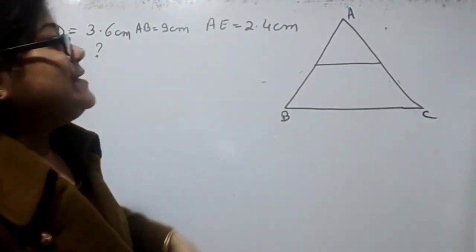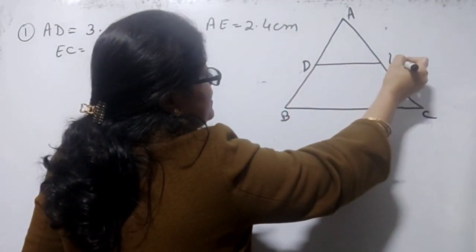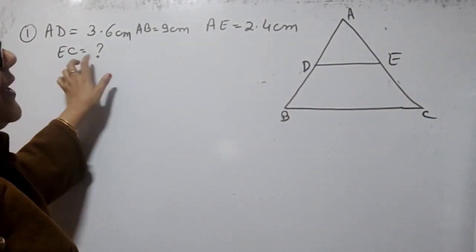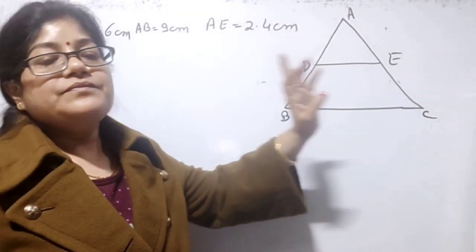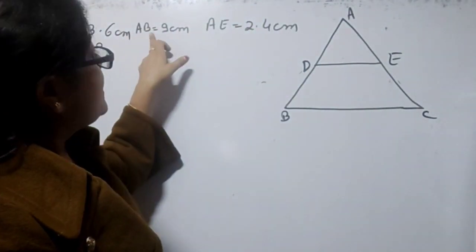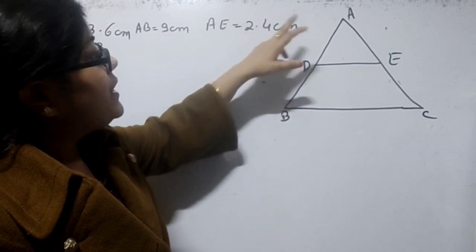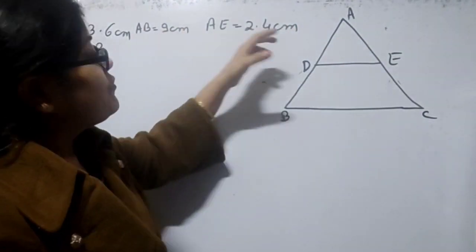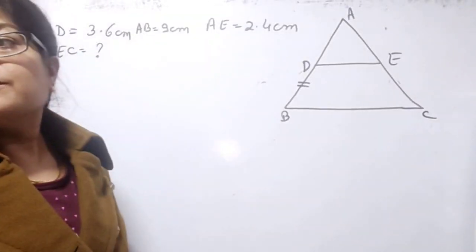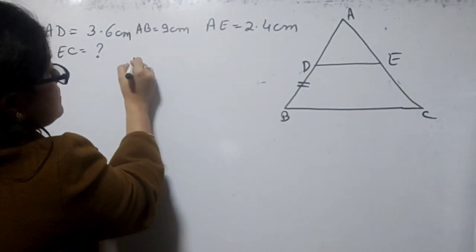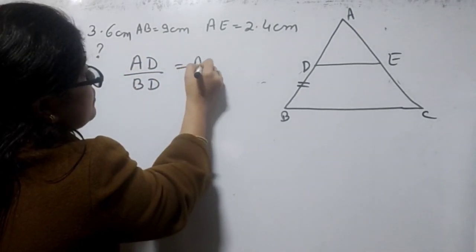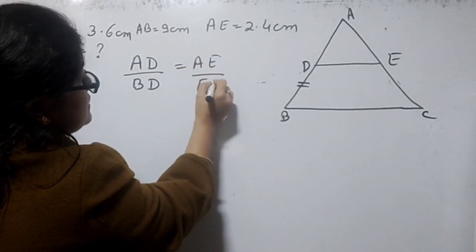Now what's the question in front of you? We have a triangle ABC and the midpoints are D and E, and some data is given. Then you have to find the value of EC. Now arrange the data. We have AD, then AB, the whole one, AE 2.4, and we have to find EC. That means we first have to find this portion, because the ratio becomes AD over BD is equal to AE over EC.